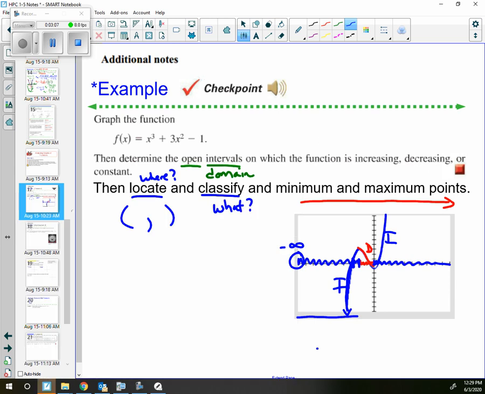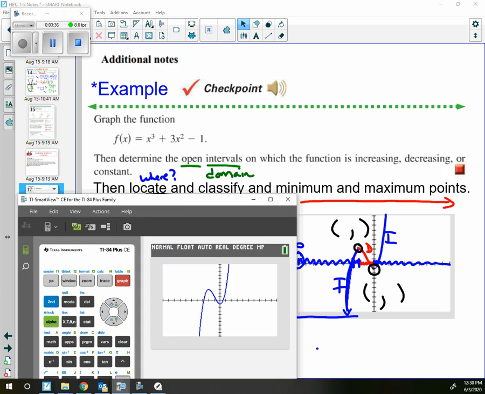It might be nice to know the location of this point before we start doing increasing and decreasing, to be able to say for sure what that looks like. And the same thing for the next part: where is this point located? It would sure be nice to know, because that's where it changes direction from decreasing to increasing. So let's locate, that's the where, and classify those points first, and then we're going to be able to tell what's happening. Hopefully you remember how to do that on your graphing calculator.